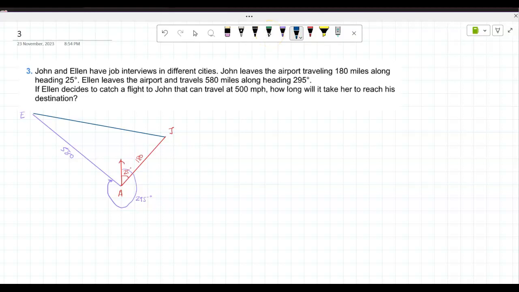So if you do this, 360 minus 295. How much is that? 65. So this angle would be 65. So therefore angle A will become what? 65 plus 25. That's how much? So it becomes 90. And now can you use Pythagoras theorem and find out EJ?